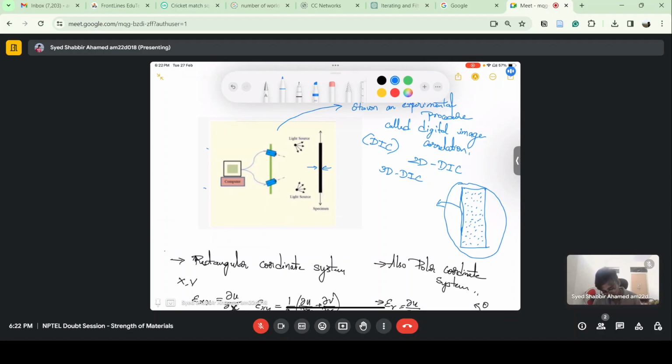Also 3D DIC gives us out of plane displacements as well as in plane displacements. Here in 3D DIC we measure the displacements and also the gradients.